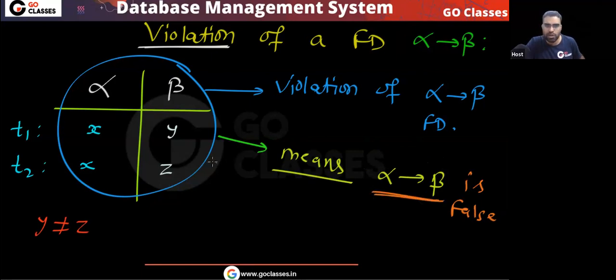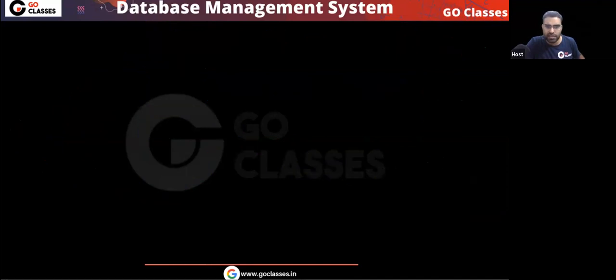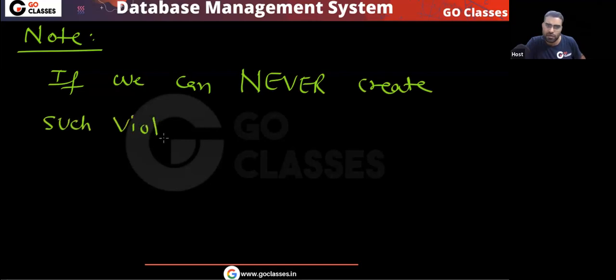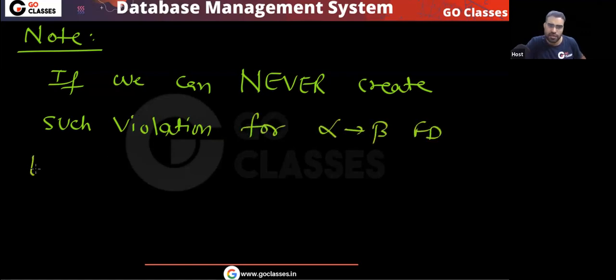Very simple point. Now tell me, if you can never create this violation, then what will it mean? If we can never create such a violation for the alpha implies beta functional dependency, then it means this functional dependency holds.